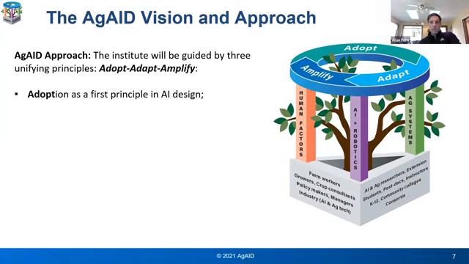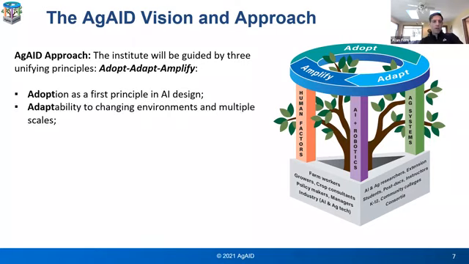I'll point it out in a few of the specific projects that we're working on, but we're almost always starting with either a system that's already in use that we're trying to improve, or actually studying the humans doing the thing that we're going to try to help them with, and figuring out and asking them what would be useful to them. We don't start by coding up the AI, and that's a critical principle that we always go back to when we're thinking about what projects to take on and how to proceed.